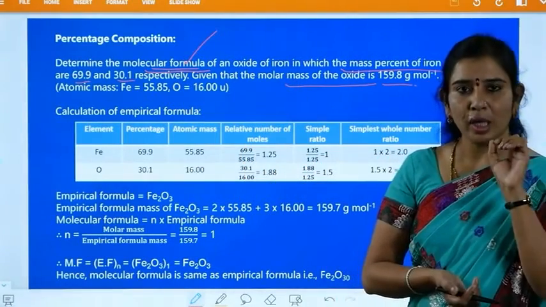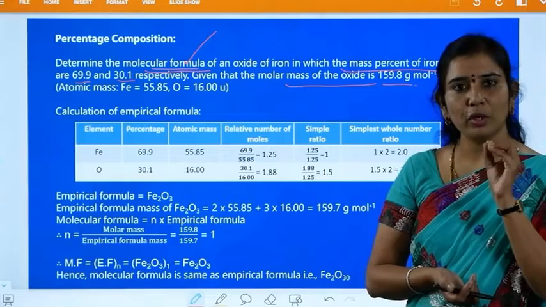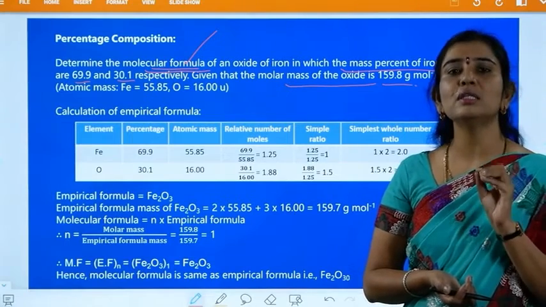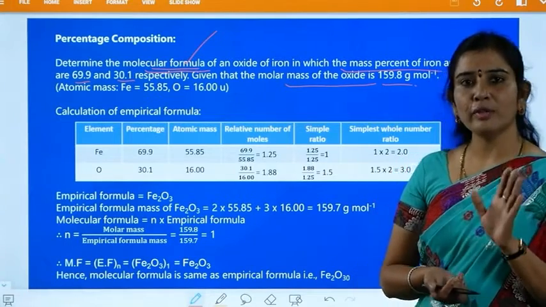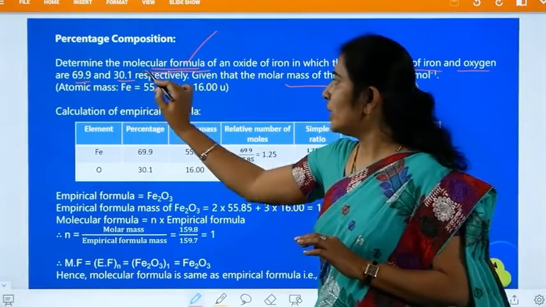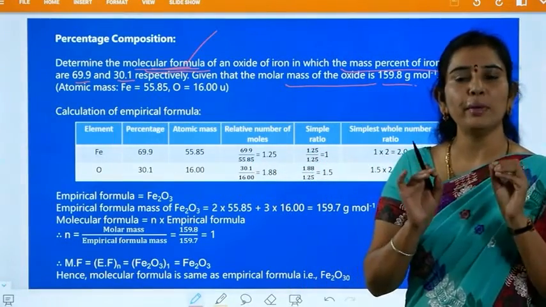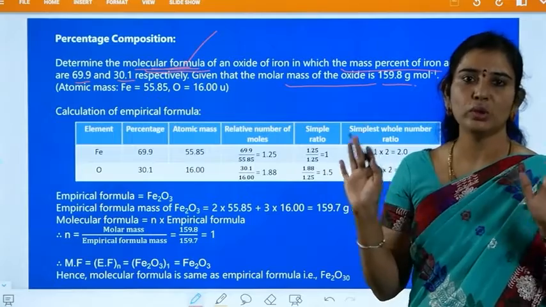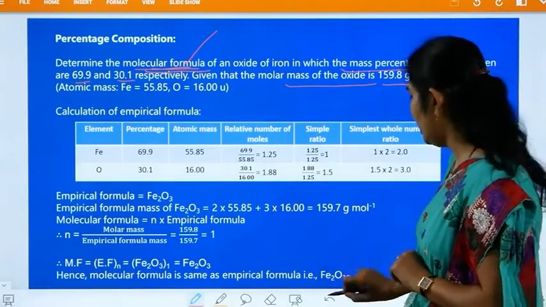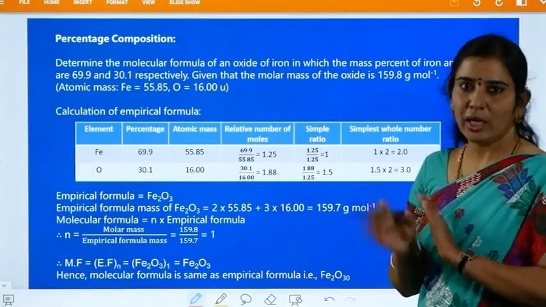Whether they have asked for the empirical formula calculation or not, that doesn't matter. Once they ask you to write the molecular formula, you have to calculate the empirical formula first. Please don't get confused. So for that, shall we move now to the calculation part?